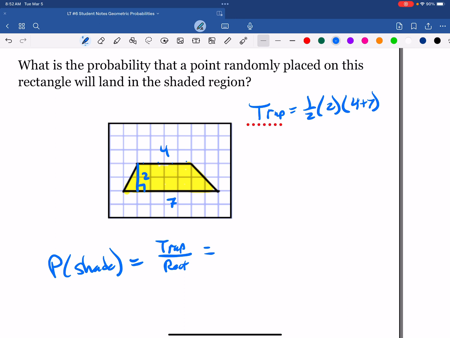So the area of the trapezoid is, let's see, that cancels, 7, 11. So we get 11 over the rectangle, which will be 1, this gives me 7. That is 9, 7 times 9, 63. And that does not reduce. So that is the probability that it lands on the trapezoid.